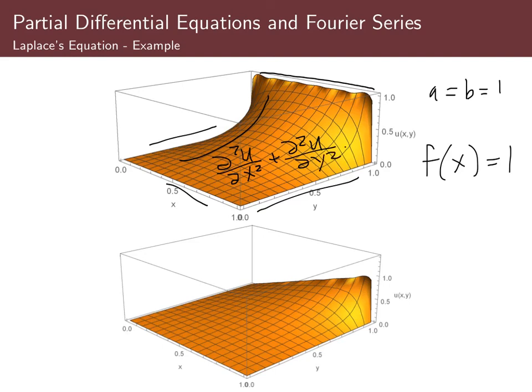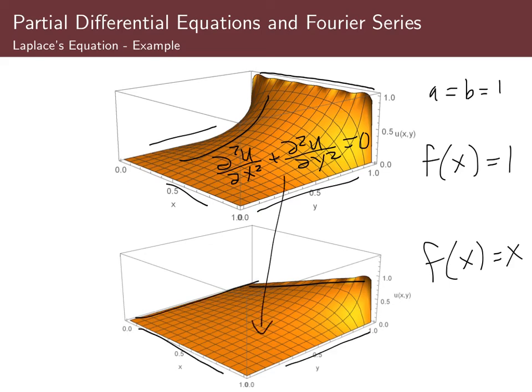In the bottom case, all I've done is make f of x equal x. So this function has to satisfy this linear function on the boundary and be 0 everywhere else, while still satisfying Laplace's equation on the interior. Okay, thank you.